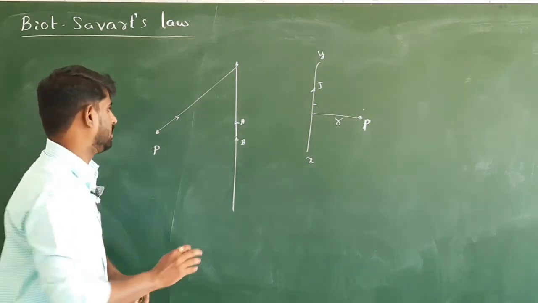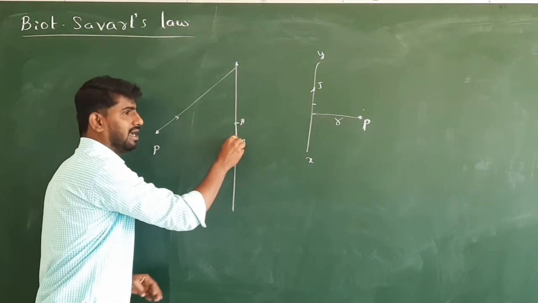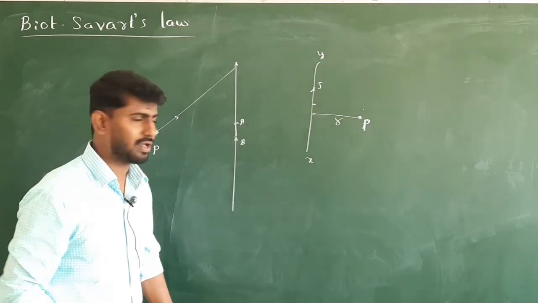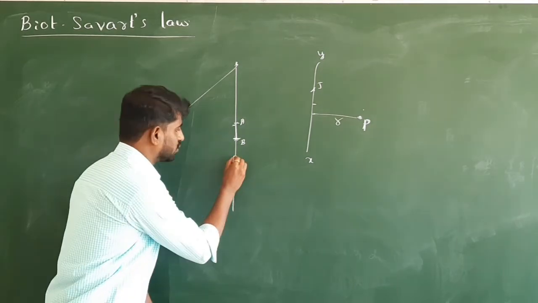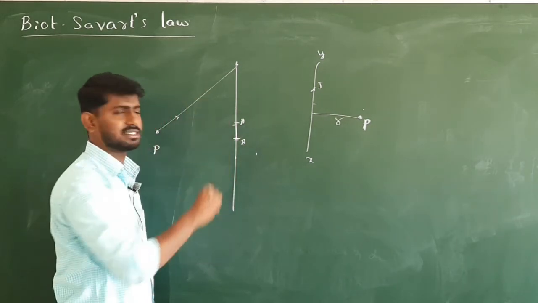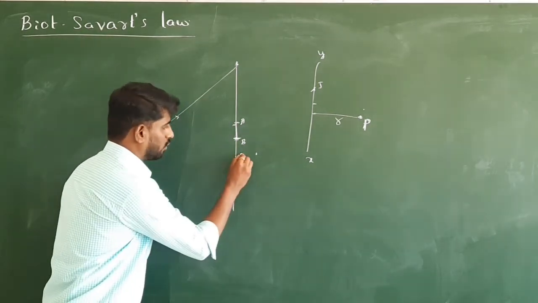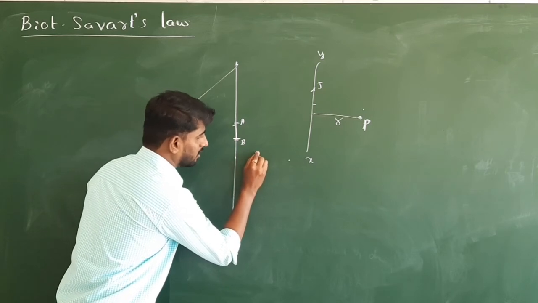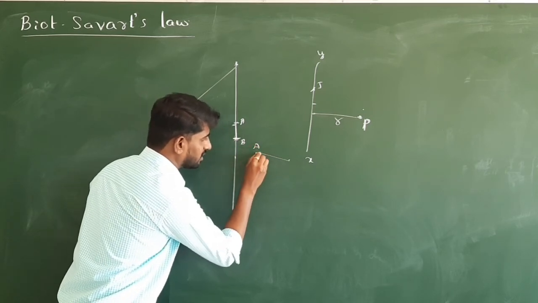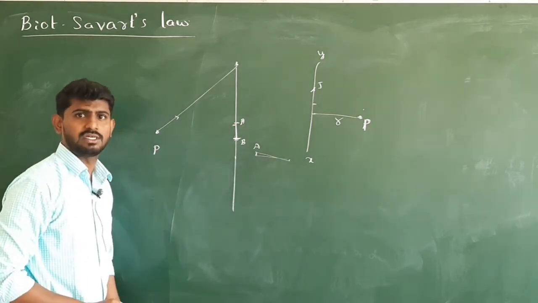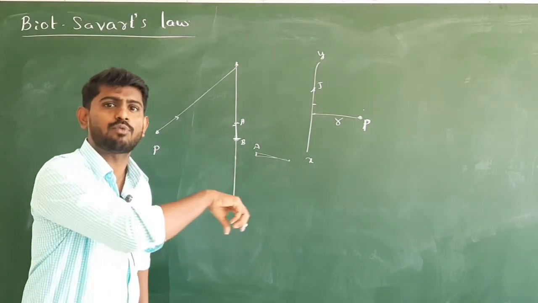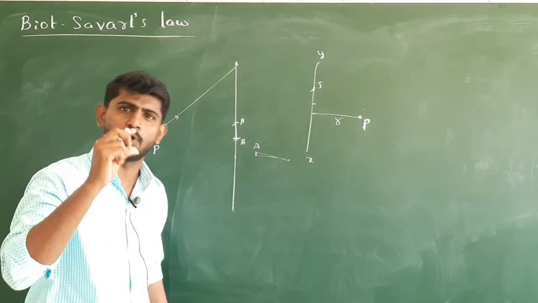So the angle from A to B doesn't make much difference. Practically, we take an element this small. We should choose such a small element.